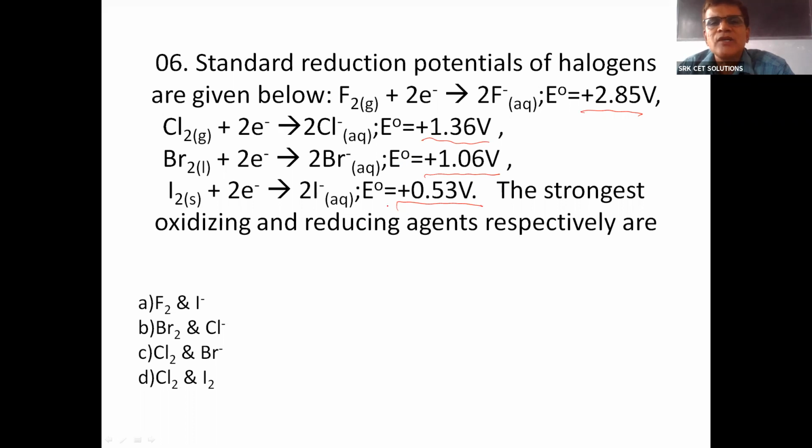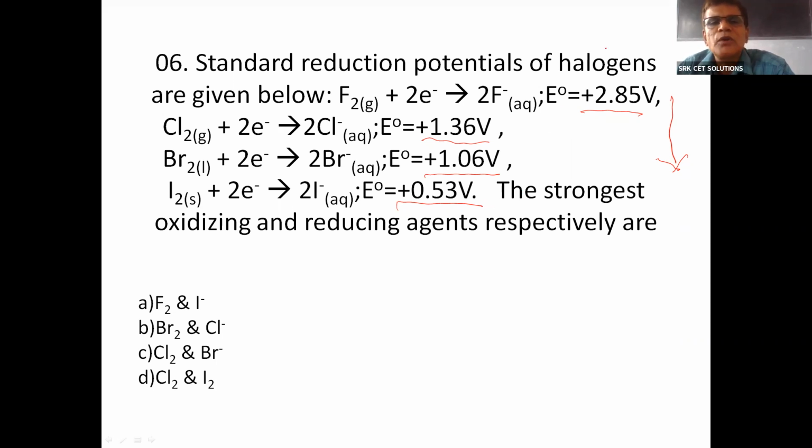Here you need to arrange them in the decreasing order of the SRP values. As the value of SRP decreases, tendency for reduction decreases, tendency for oxidation increases. With that idea, you are going to get fluorine as the easily reduced form. So fluorine can easily get reduced to fluoride. So it acts as a more powerful oxidizing agent.